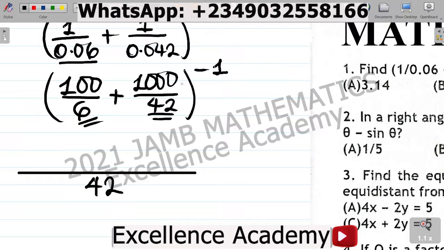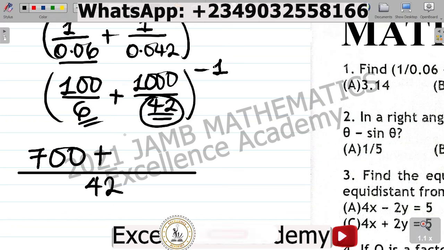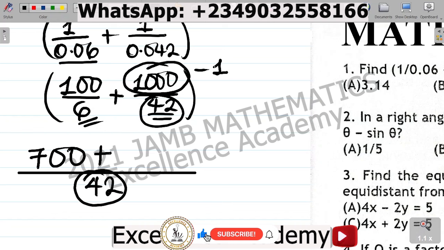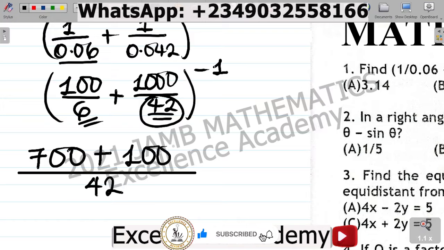Now use 7 to multiply the numerator, so 7 times 100 gives you 700. Bring down the plus sign. Next up, 42 divided by 42 gives you 1. 1 times the numerator, 1000, gives you 1000. So you have this, all to the power minus 1.